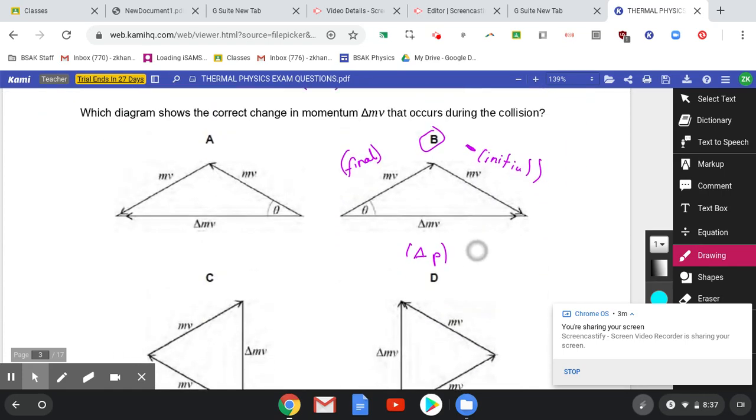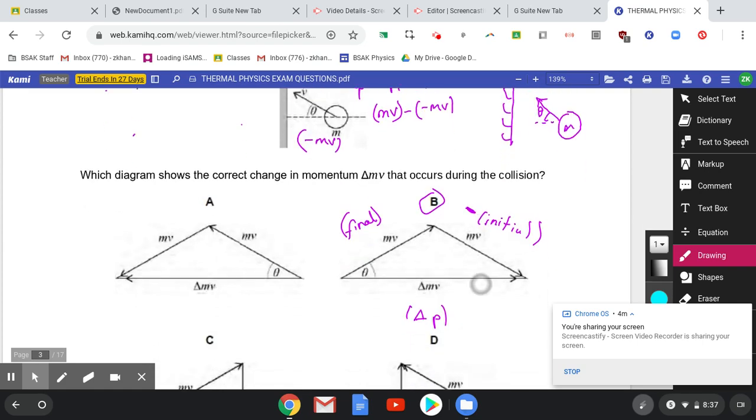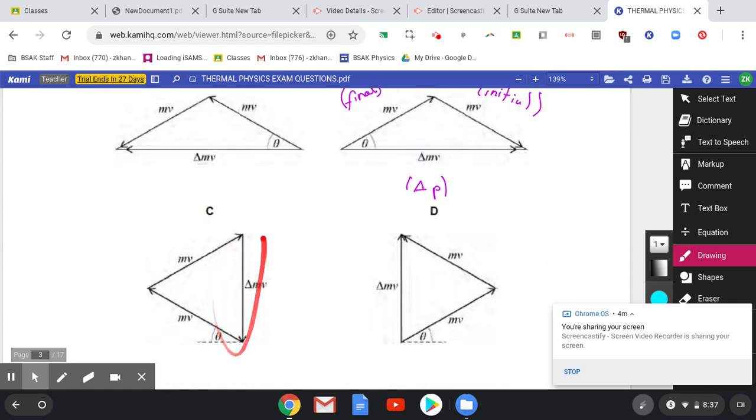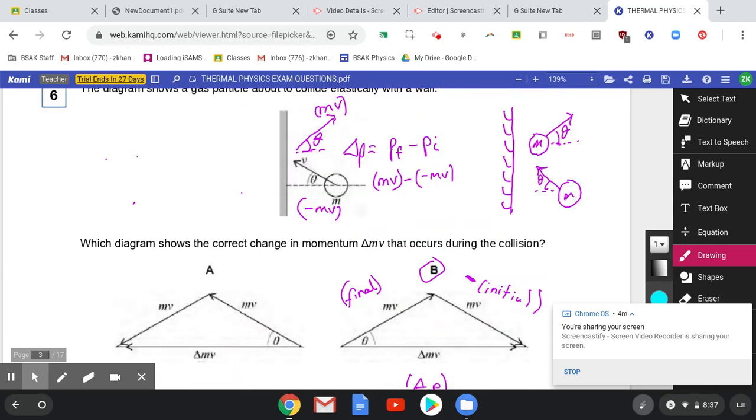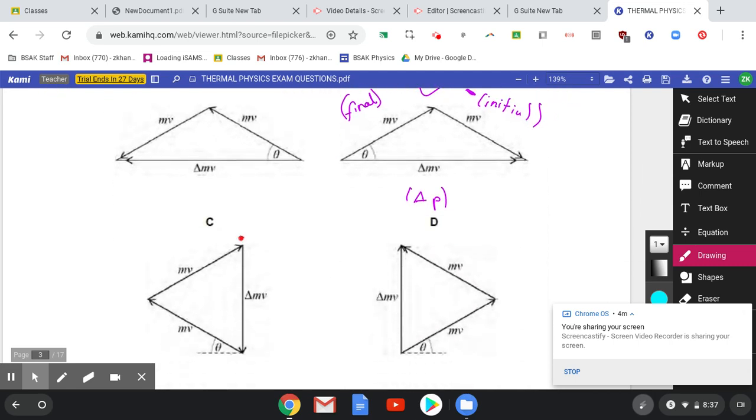And it is in the direction perpendicular to the wall, not parallel to the wall. That does not make any sense. The change in momentum here is not parallel to the wall. The wall does not change the direction vertically.